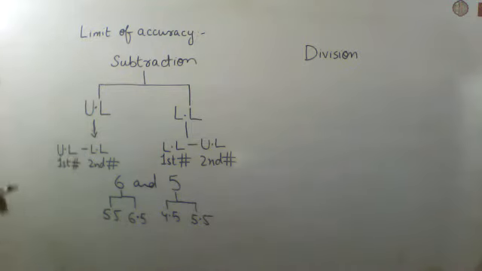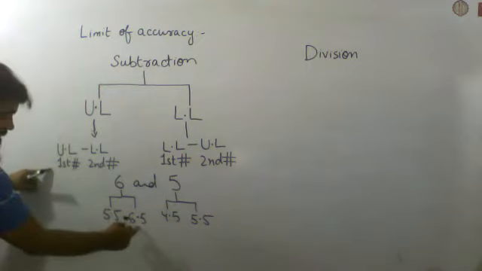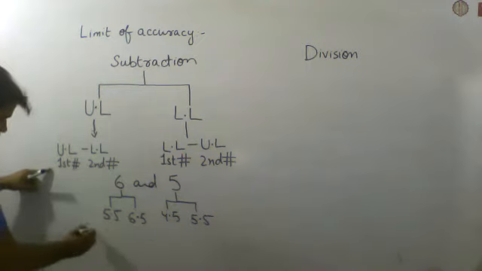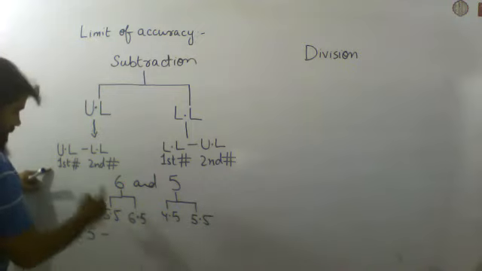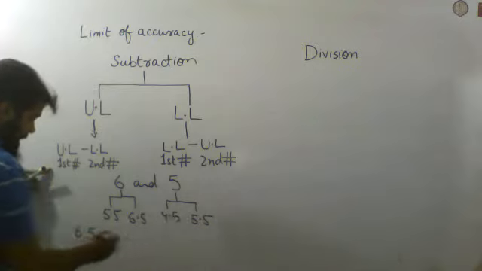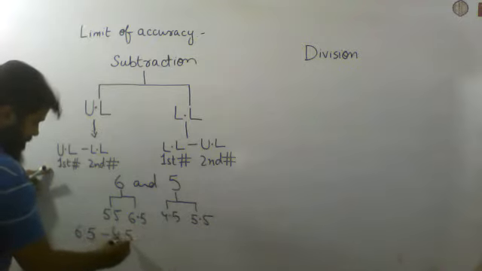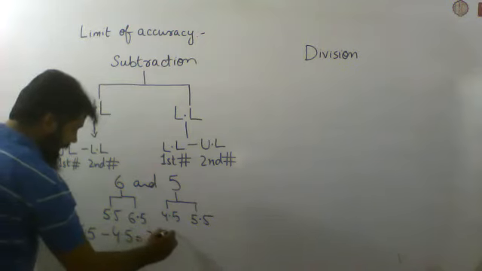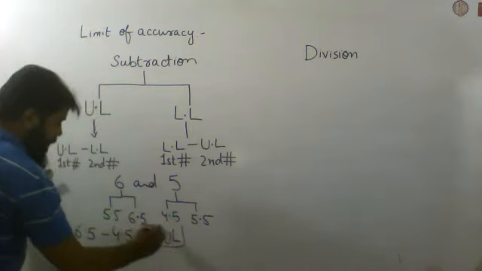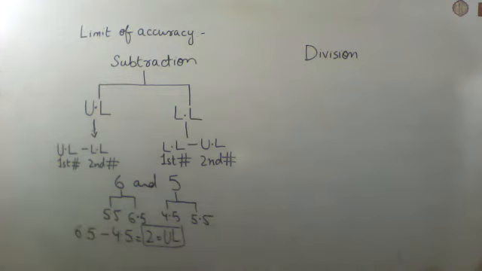So what will I do? Upper limit of first number minus lower limit of second number. When I subtract these two, the upper limit of subtraction comes to 2 in this given scenario.